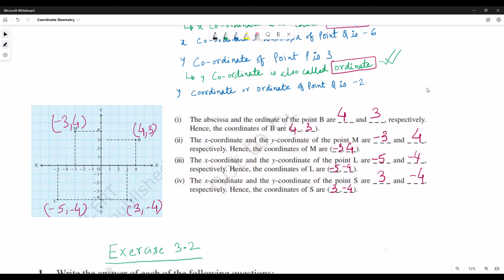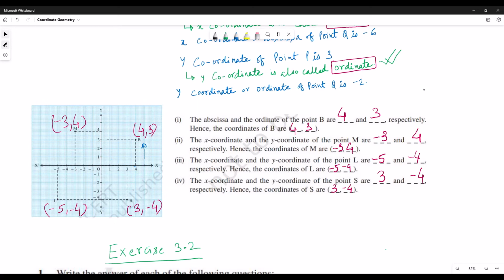The abscissa and ordinate of the point B are, so B is 1, 2, 3, 4 units away in the x direction and 1, 2, 3 units away in the y direction. So we say 4 units away in the x direction and 3 units away in the y direction.